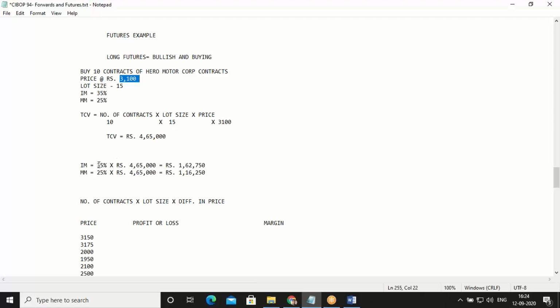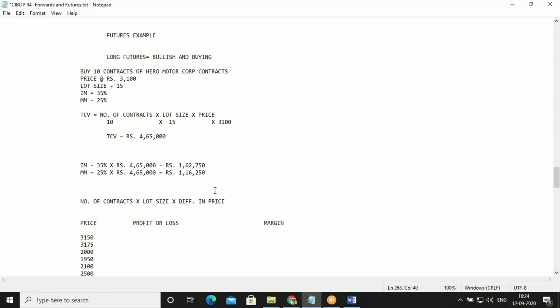Now this 35% is the initial margin on the total contract value. So the total value is 1.6 lakhs is what you have to pay to enter into a futures contract. And 25% is the maintenance margin on TCV, and that's 1,16,250. Okay, 250 or 750? 250.